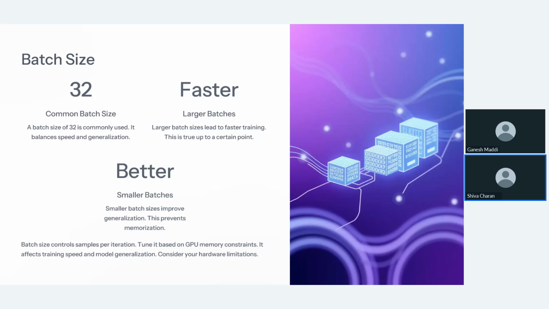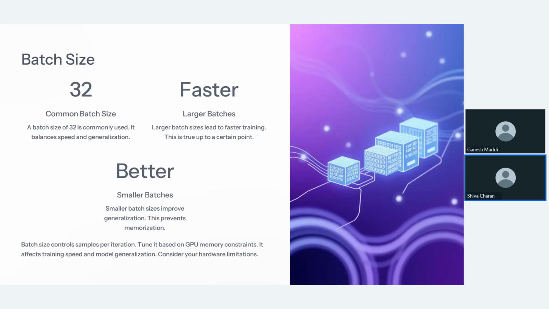Larger batch size leads to faster training. Correct. And if you see the second line, it says this is true up to a certain point, because not all the time. Sometimes larger batch size will lead to low computation.